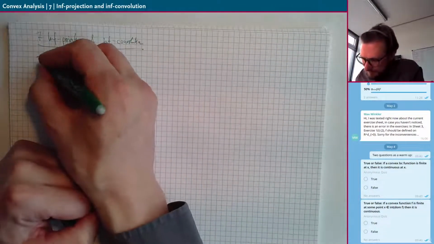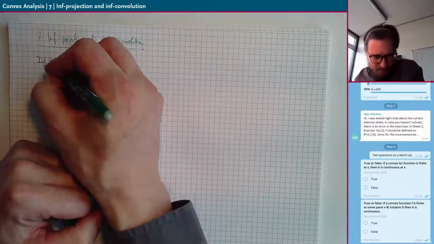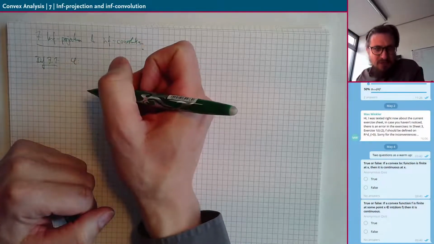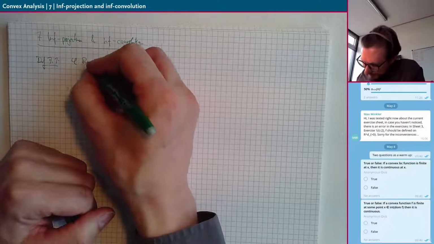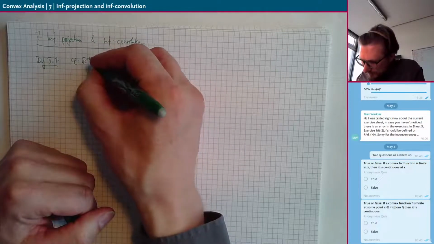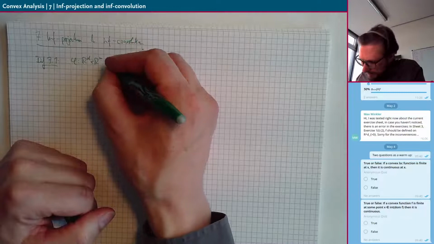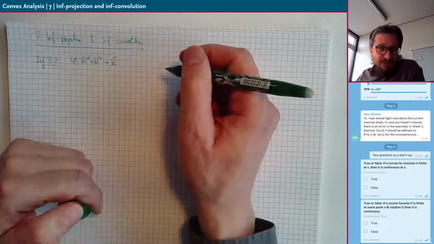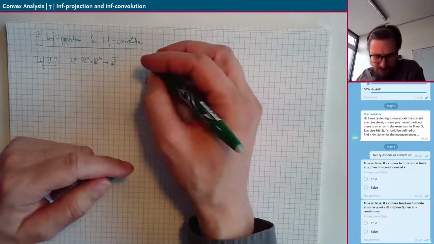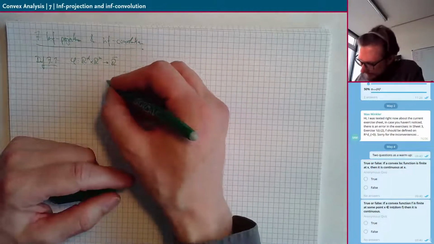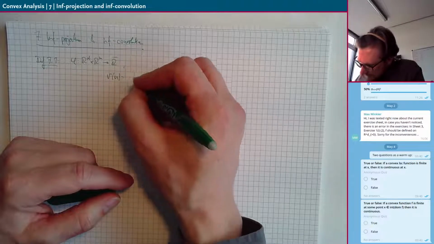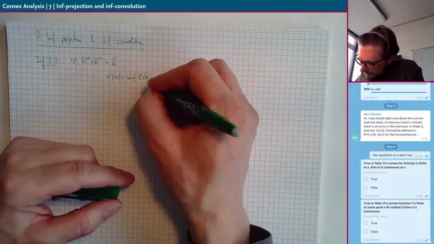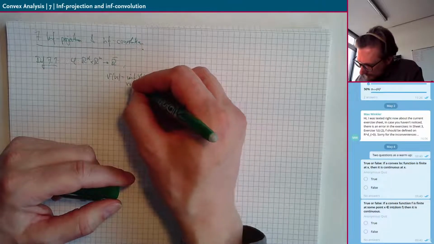First definition: if you have a function phi, which is now defined on the product of two real vector spaces, let's say R^d times R^m, in the extended real numbers, any function, it's not really important if it's convex right now, then we define V of u as the infimum of phi of x and u. You take the infimum over x in the first variable, in R^d.